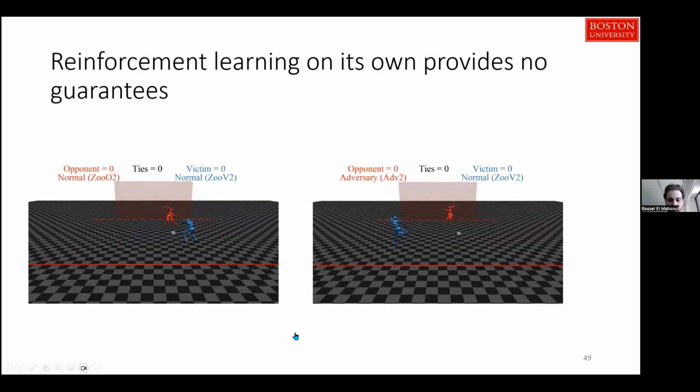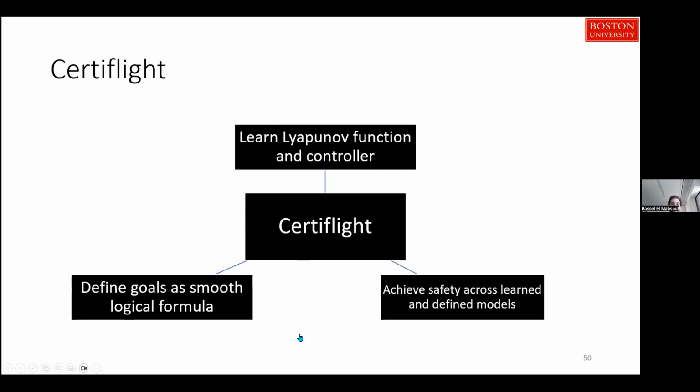So what I'll conclude this talk with is the work we're doing right now, which is in Certiflight. And we are trying to move beyond reinforcement learning, where you could learn a controller that you can prove will actually satisfy the goals you want them to satisfy.